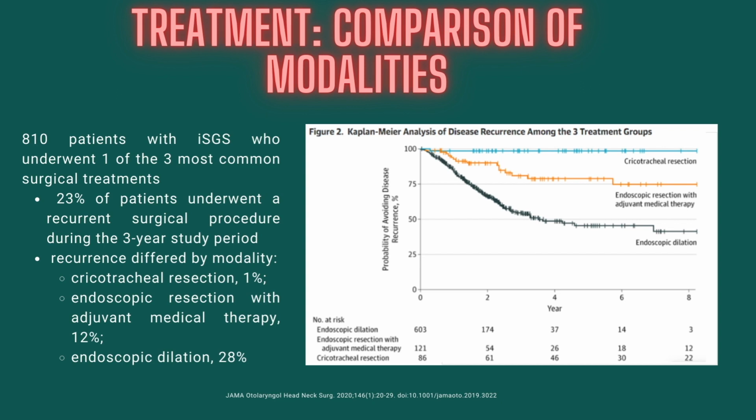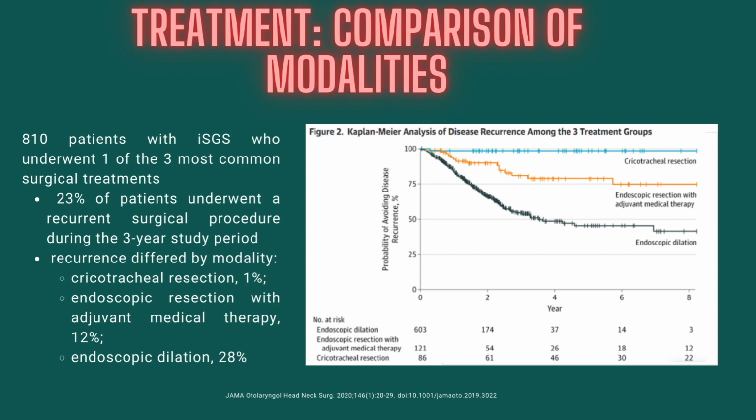This is a very good study published in 2020. They did a retrospective analysis of 810 patients with idiopathic subglottic stenosis who underwent one of the three most common surgical treatments. The recurrence rates of these three interventions are strikingly different.